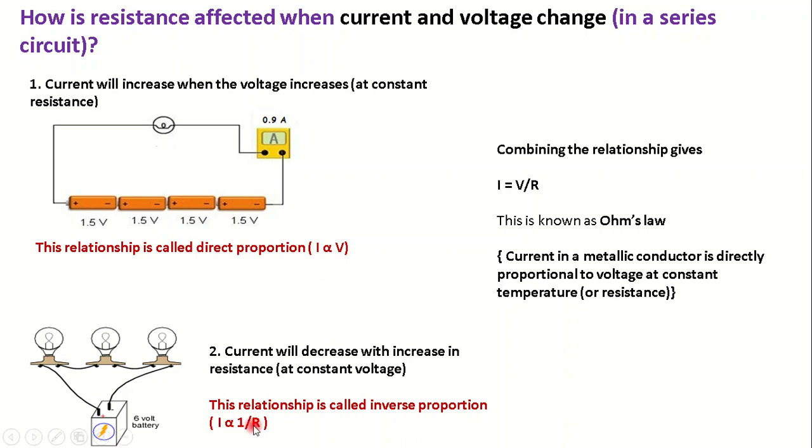So in this case, we can say I is inversely proportional to R. I is current, R represents the resistance. Combining the two relationships, we have I equals V over R. This is known as Ohm's law, and it states that current in a metallic conductor is directly proportional to the voltage at constant temperature or resistance.